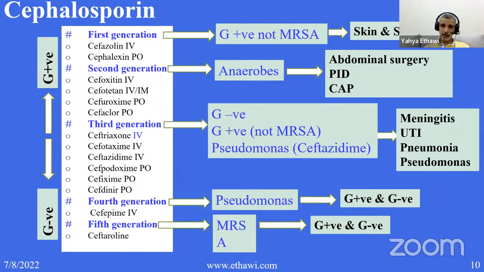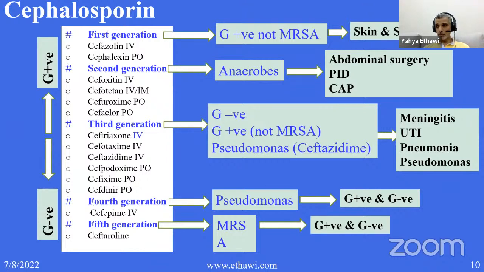Ceftriaxone is a little bit long acting, and it looks a little bit associated with hepatitis or jaundice. The cefotaxime is short acting. Ceftazidime has anti-pseudomonas activity. The cefpodoxime is the same but oral. Cefixime and cefdinir have almost the same action.